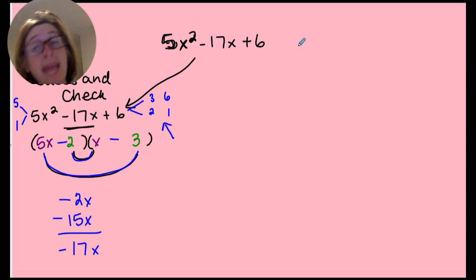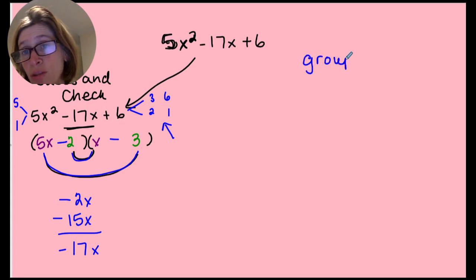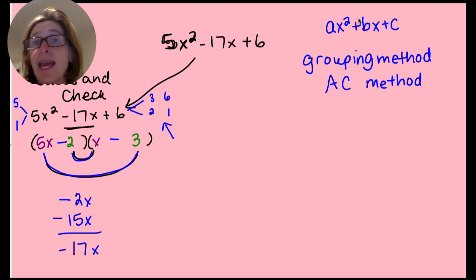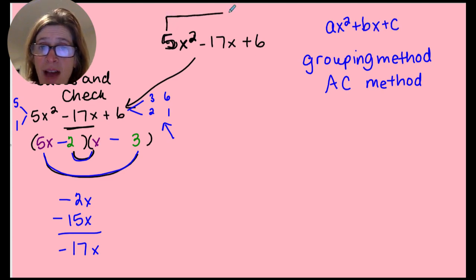All right. Now, there's another way to do this. It's what teachers might refer to as the grouping method, also called the AC method. And I'll show you why that's the AC method: ax squared plus bx plus c. In the AC method, what you do is you take 5 times 6, and that gives you 30. You multiply them.